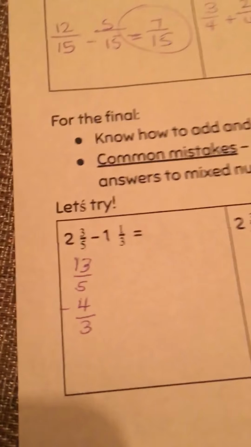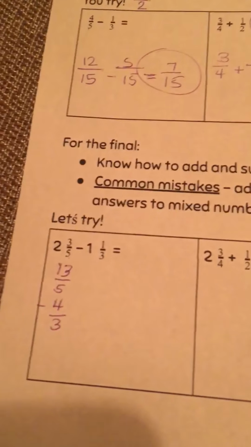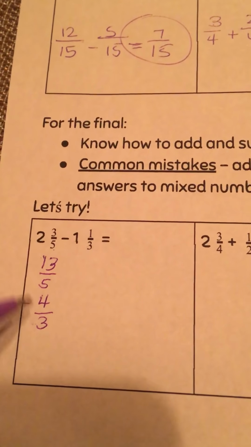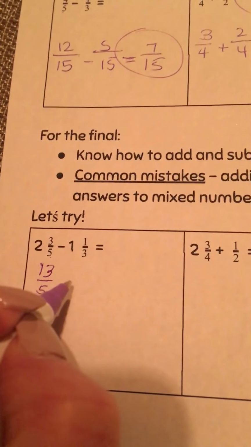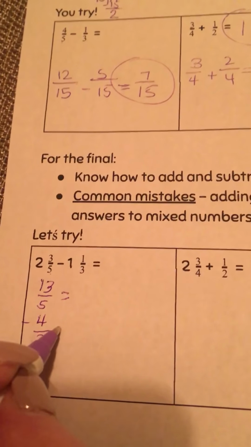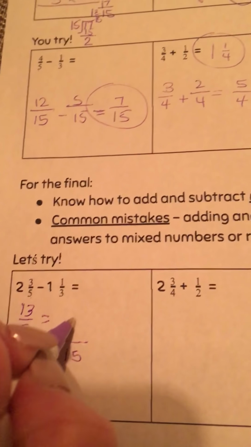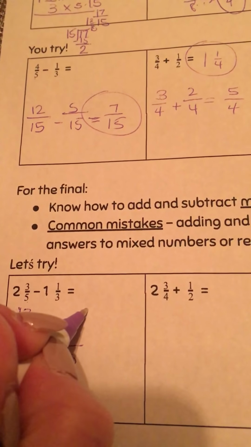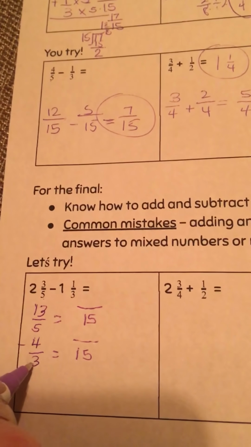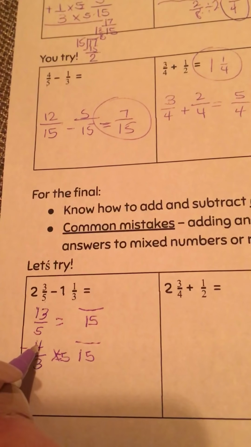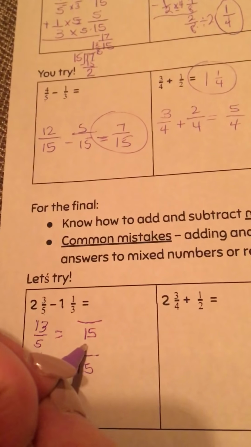Sorry, I'm going to move over to this placemat so maybe it'll help out. So we're going to take these 2 denominators and multiply them. So we're going to make these both 15, because 5 times 3 is 15. And 3 times 5 gives me 15, so I'm going to do 4 times 5, which is 20.